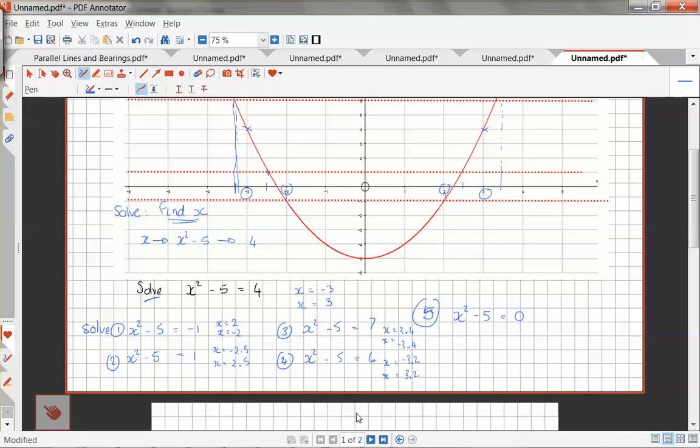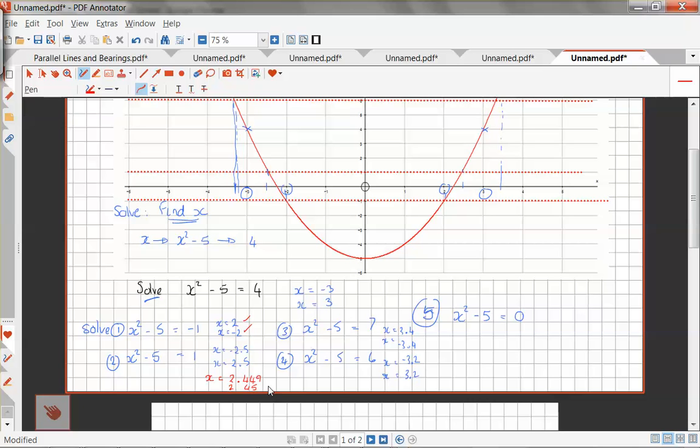Okay guys, how have you got on? Can I just ask which ones we need to adjust? The 2 and minus 2 were fine. What about the minus 2.5 and 2.5? It was plus and minus 2.449, so to 2 decimal places that would be plus and minus 2.45.